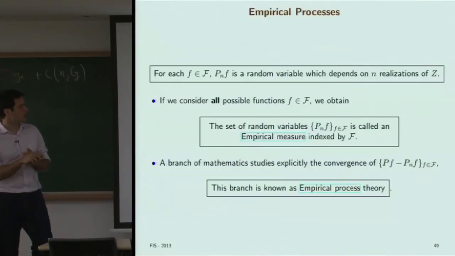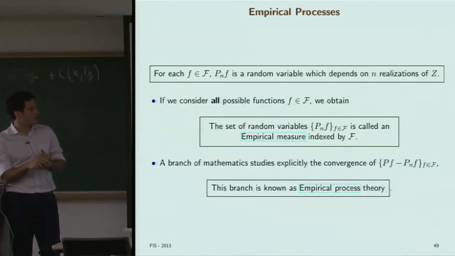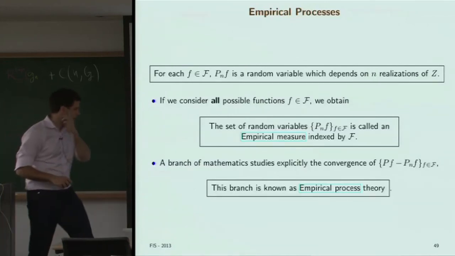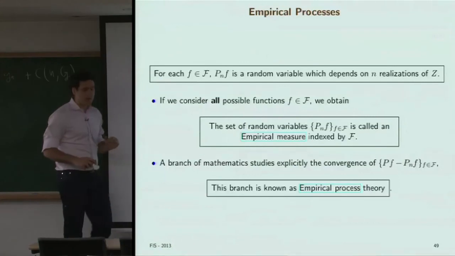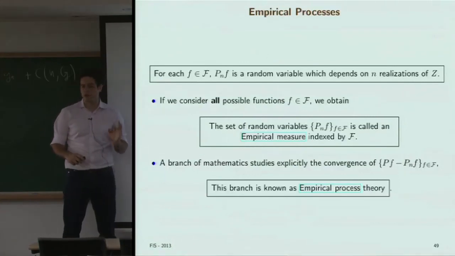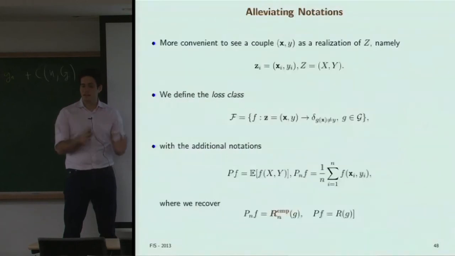So for each function f, Pn of f is a random variable which depends on n realizations of z. Okay? So this is probably one of the most important remarks that we need to make. In this context, randomness comes from the sample.